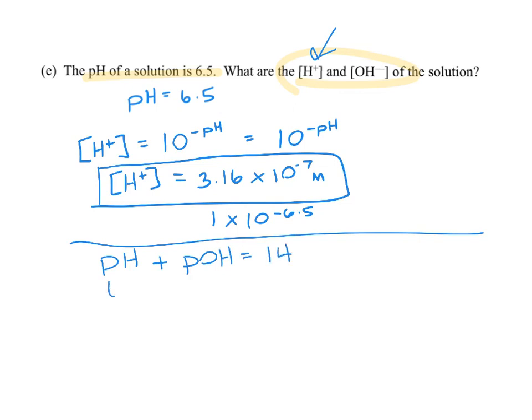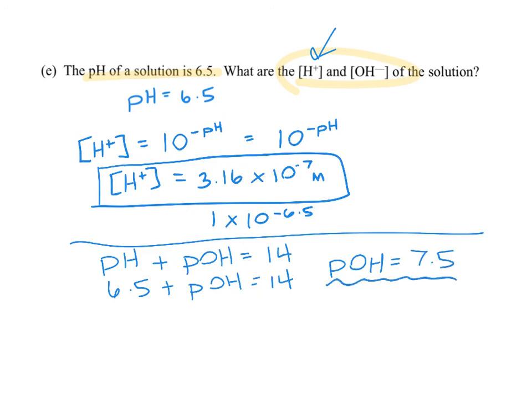So if I know the pH is 6.5, I can calculate the pOH by subtracting 6.5 from 14. And that's going to give me a pOH of 7.5.